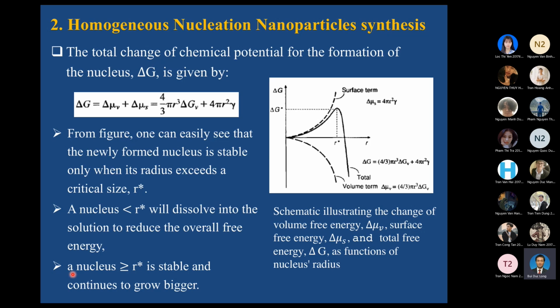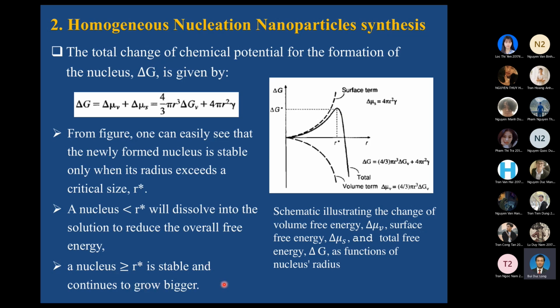A nucleus with a radius larger than or equal to R star will be stable, because the energy will be reduced, and it continues to grow bigger.